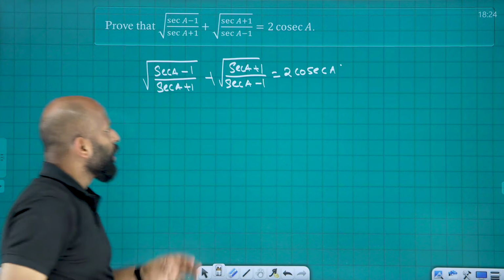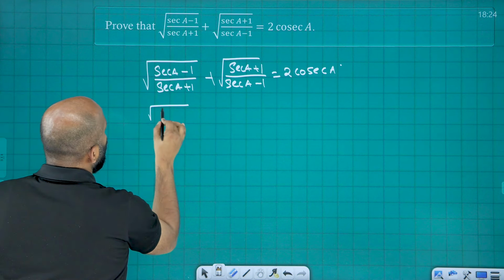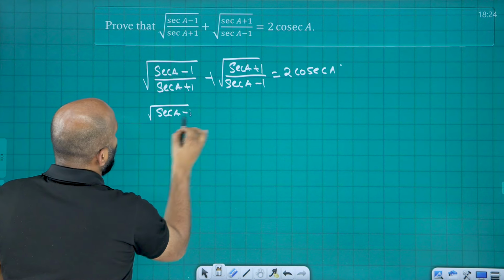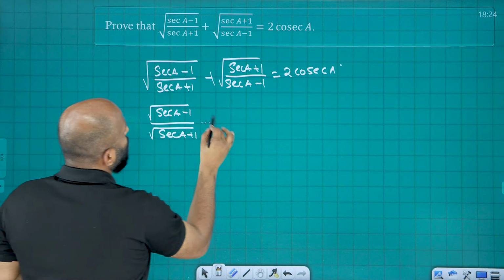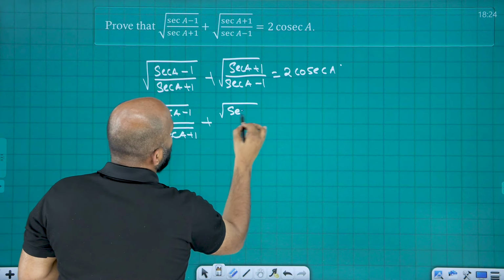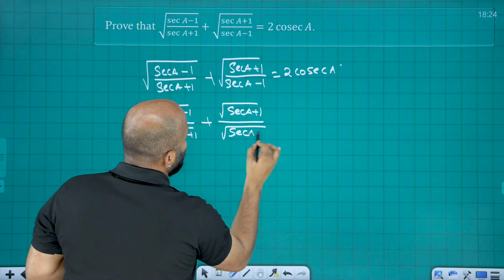We need to prove it. So what I'm going to do is, we can separate the root here. So root of (sec a minus 1) divided by root of (sec a plus 1), plus root of (sec a plus 1) divided by root of (sec a minus 1).